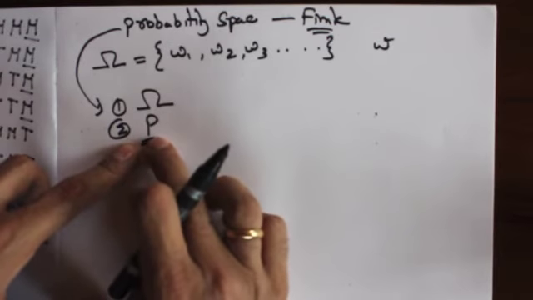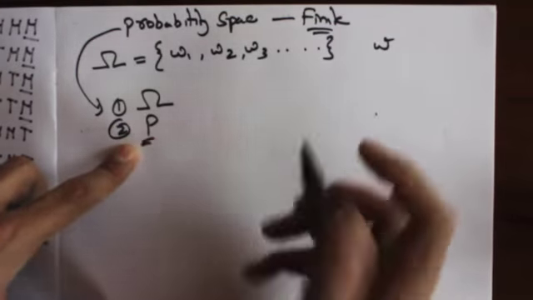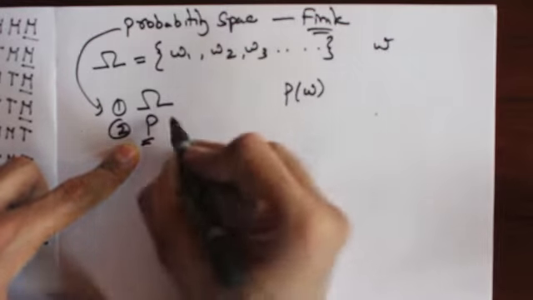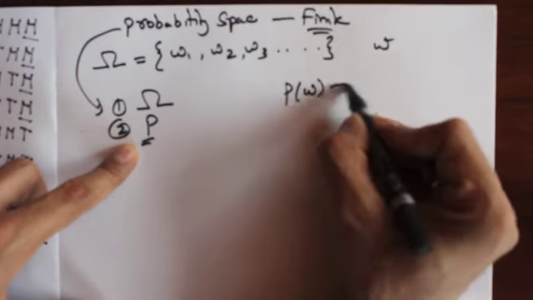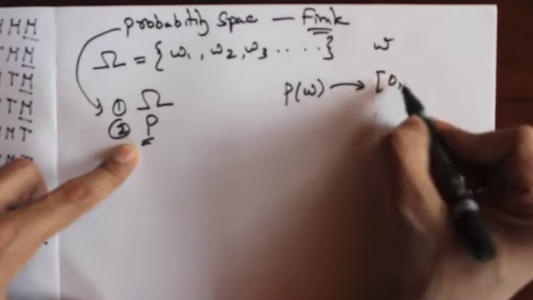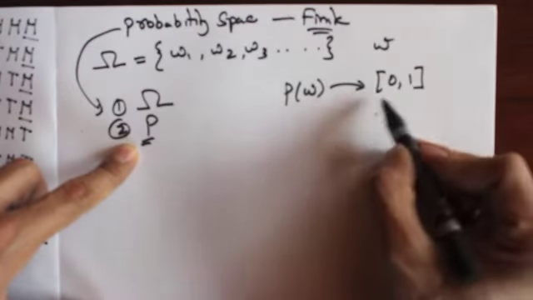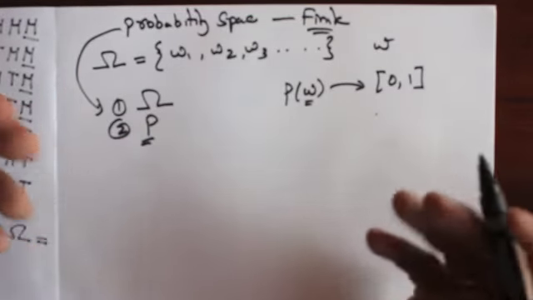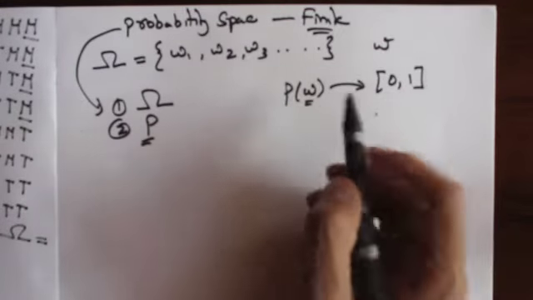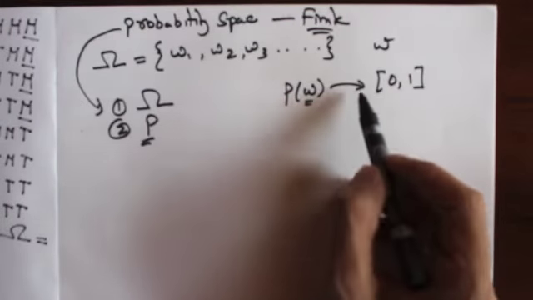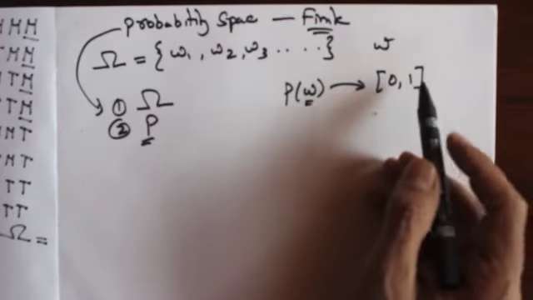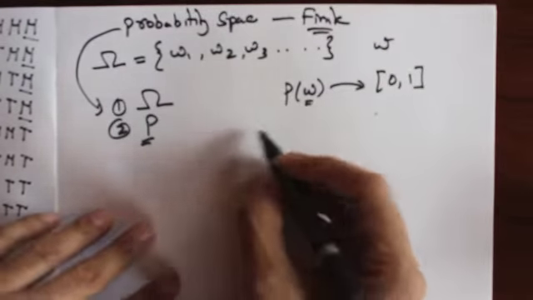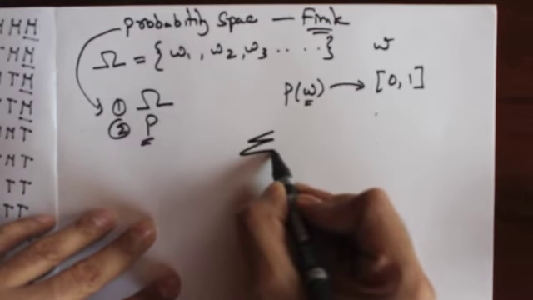A probability measure is basically a function that takes a generic element of our sample space, denoted by omega, and maps it into a number between 0 and 1. This is called the probability of that particular outcome. So it takes the outcome and assigns it a value between 0 and 1. Now obviously we need to constrain this function a little bit, so we further define the following.